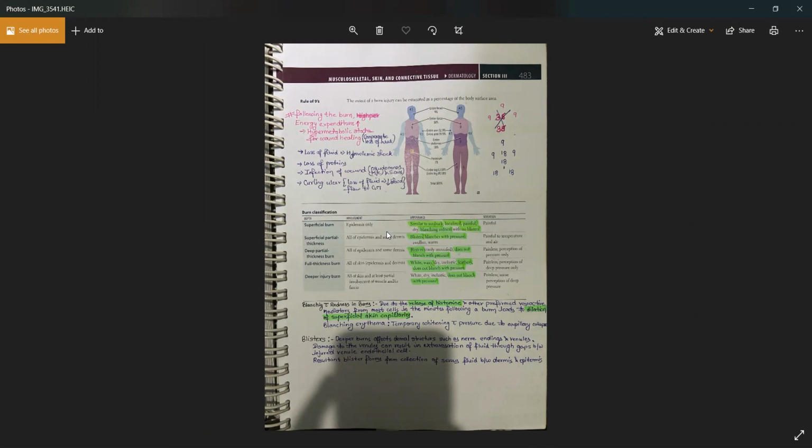Hi, I had one question. When we're talking about hypothermia leading to a hypermetabolic state, there are two things: one is wound healing, and the second is hypothermia.